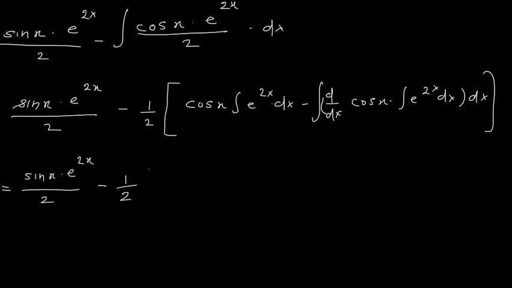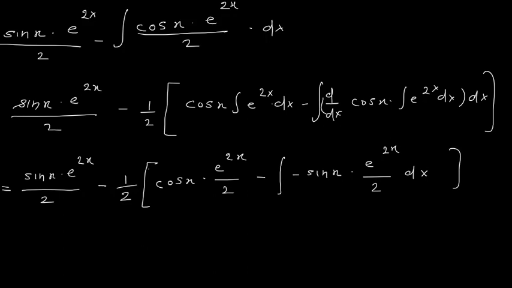Here in the bracket we have cos x, the integration of e power 2x is e power 2x upon 2, minus the integration of the derivative of cos x, which is minus sin x, the integration of e power 2x is e power 2x upon 2, into dx.